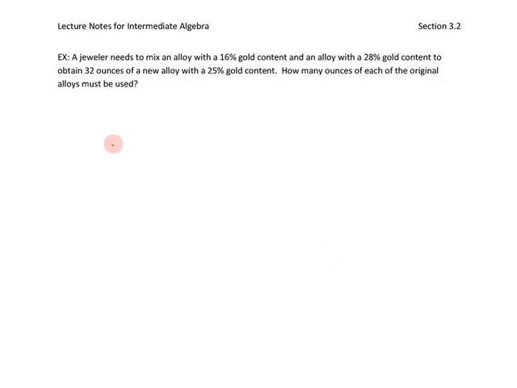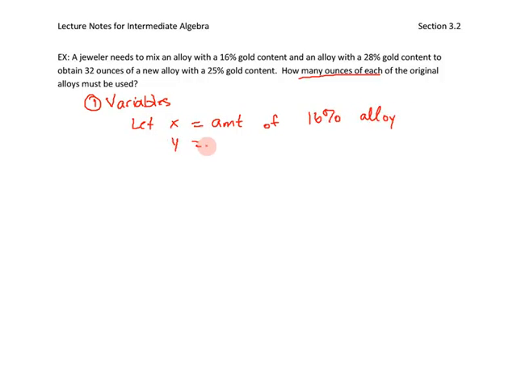Well, we can do it the exact same way. We just start by identifying the variables. What are the two things that we need to know? We need to know how much of each, right? So let x equal the amount we need of the 16% alloy, and let y be the amount that we need of the 28% alloy.